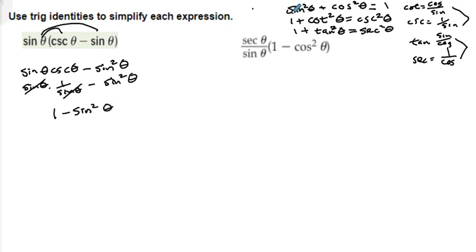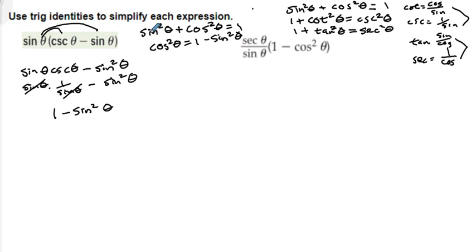So if we look at this, sine squared theta plus cosine squared theta equals 1. If I solve for cosine squared and move the sine squared over to the other side, I would get cosine squared theta equals 1 minus sine squared theta. If you're not exactly sure where I got this from, watch the previous video again.